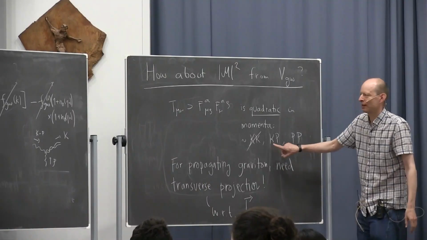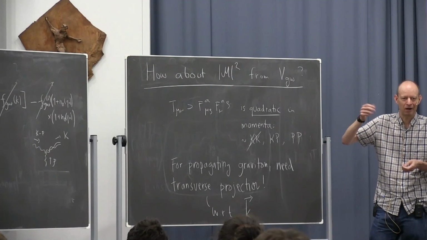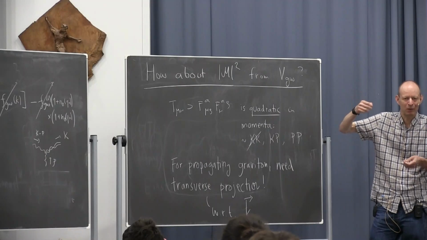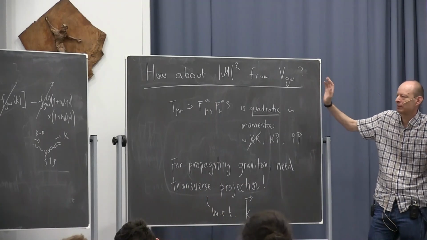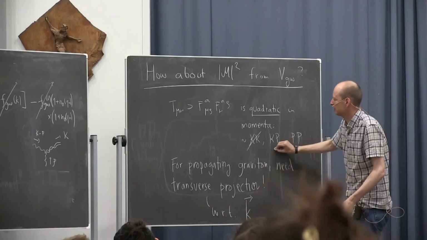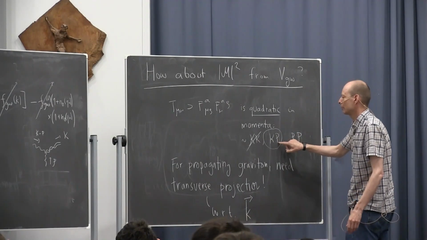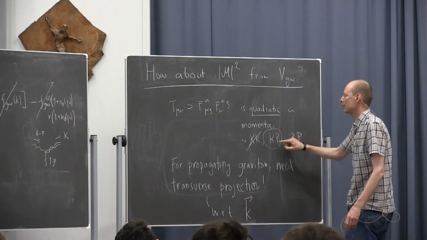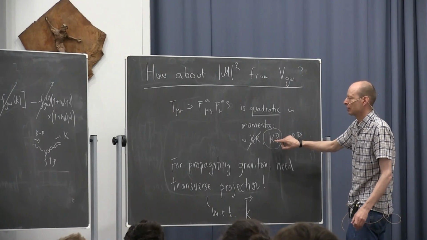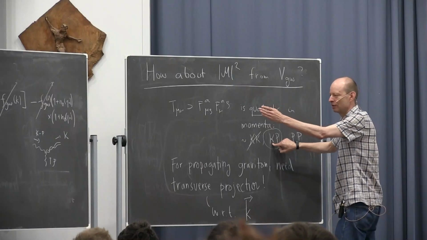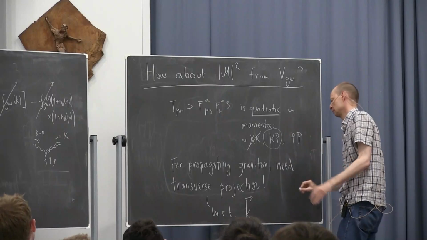On the other hand, I would like to have k. Why would I like to have k? Because k is the hard momentum. Hard means large, and I want to estimate what is the largest contribution to this matrix element. So actually this kind of mixed term is a good term. However, in order to get this transverse part, the only way I can get it is from the p, because the k just gives me the direction, and if I want something transverse, I have to take it from the other momentum.